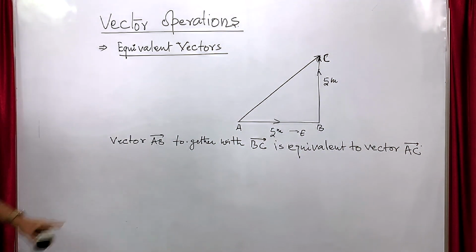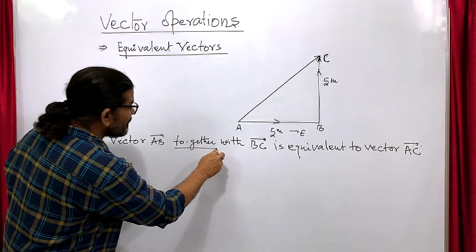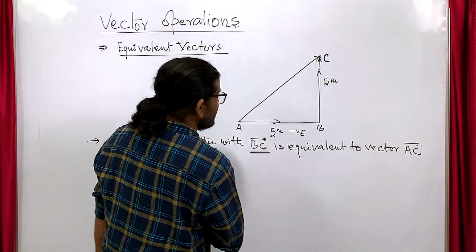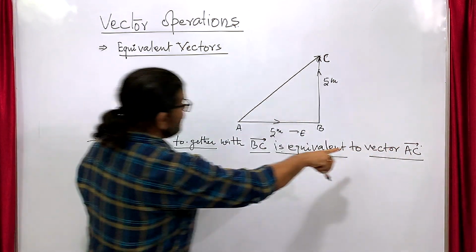See, vector AB together with vector BC is equivalent to vector AC.